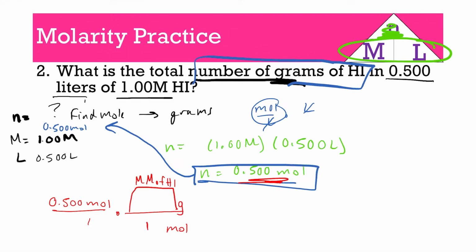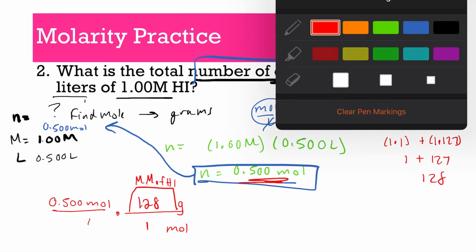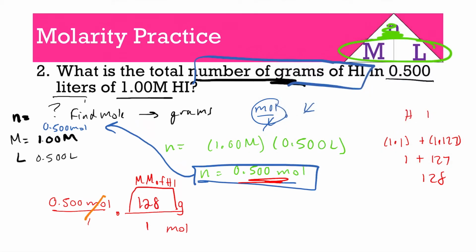And so HI, we have 1 H with the mass of 1, plus 1 I with the mass of 127. 1 plus 127 is 128. So that number goes right there. So now everything's there. Moles cancel out, we're left with grams, and we get 0.500 times 128, which gives us 64. And the unit is grams because that's the only thing that is left.